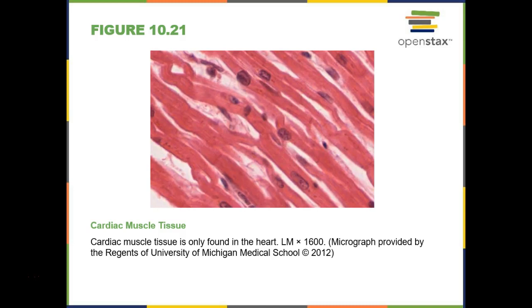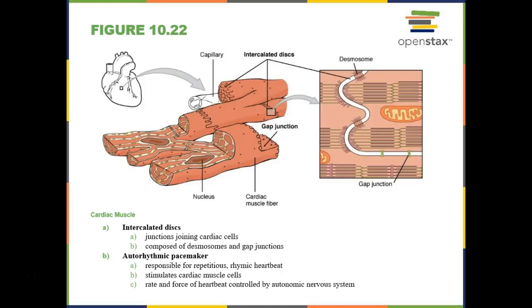Cardiac muscle is really important. It's found only in the heart, and it is a single or binucleated structure. It is branched. It does have the striation, so we still have that actin and myosin lines.